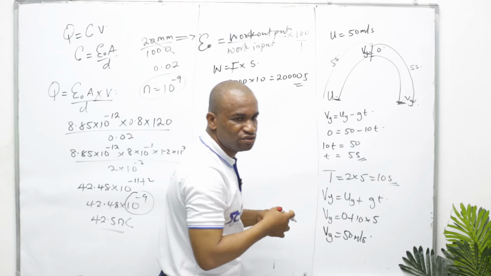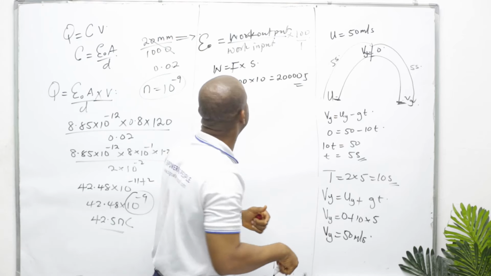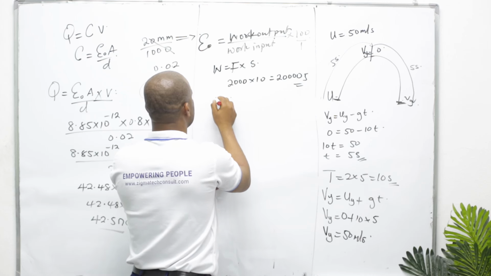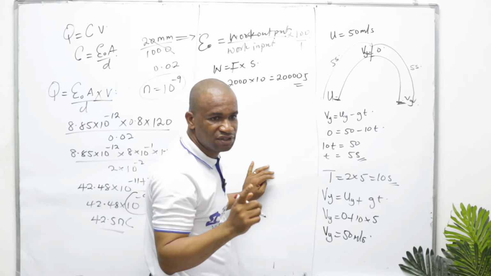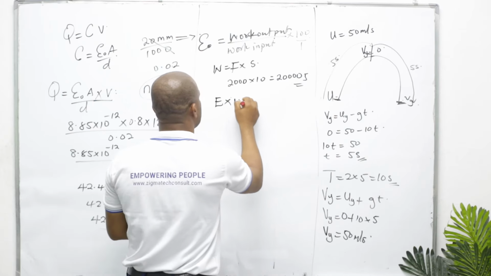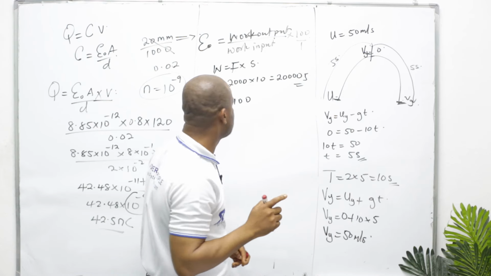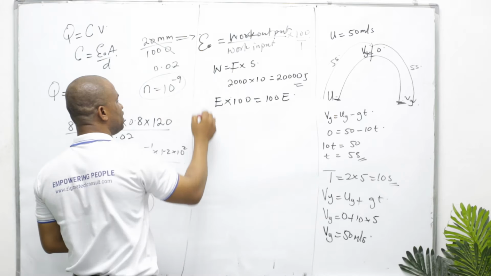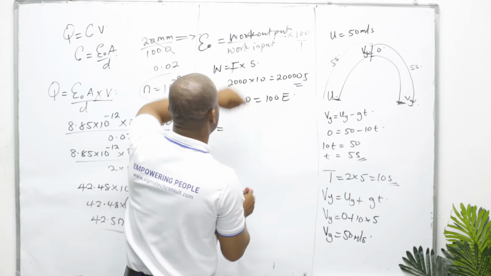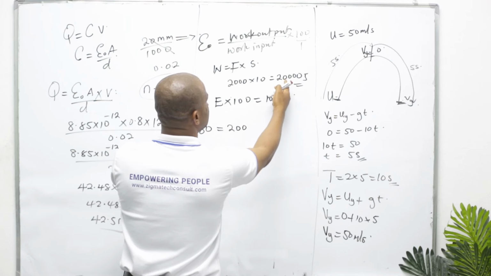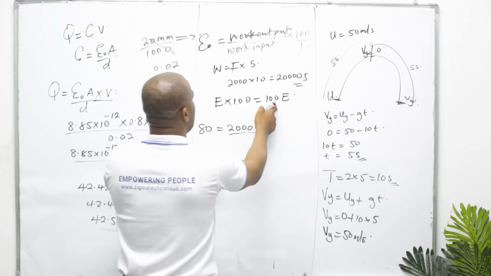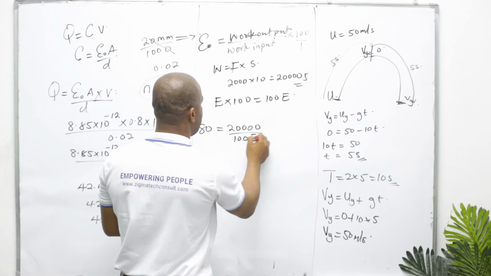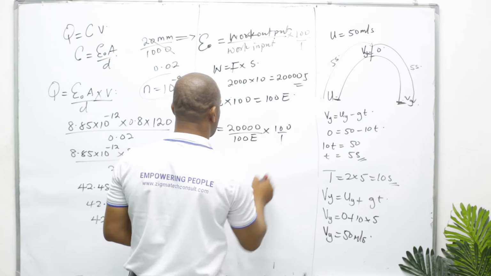The work input is what the effort has done, and that is going to be E times 100. Where is the 100 from? It is the distance of E to the point of pivot, so it is 100E. So I go back: efficiency is 80, which equals work output, 20,000, over work input, 100E, times 100 over 1.